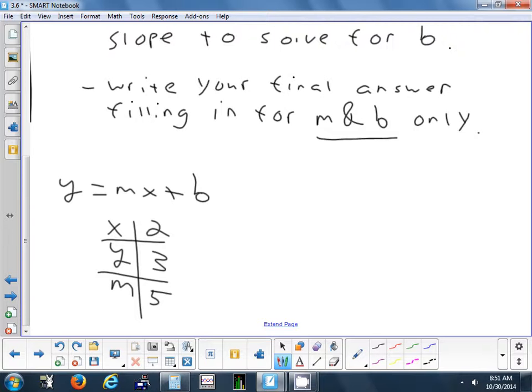B. Yeah, we just need to find B. All you got to do is fill in those 3 letters in the right spots, and then you can find out what B is. Okay, so y is 3, m is 5, x is 2. And now solve for B.